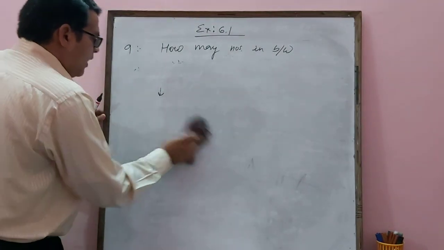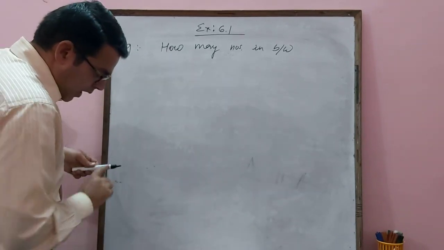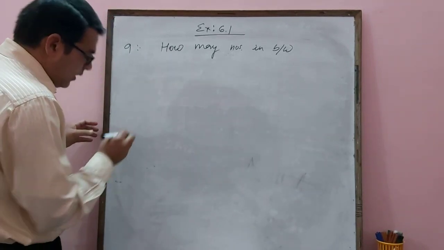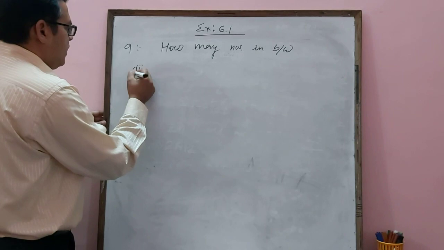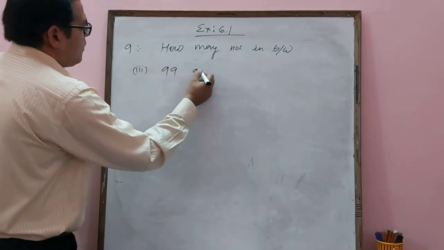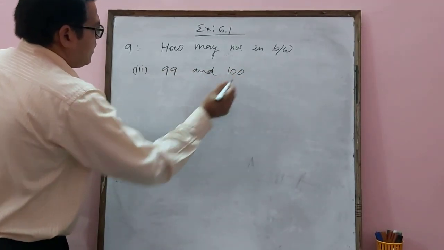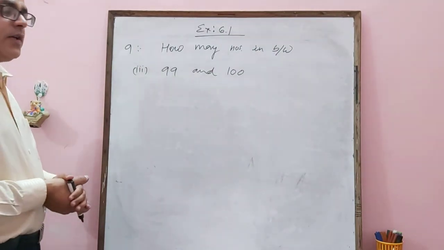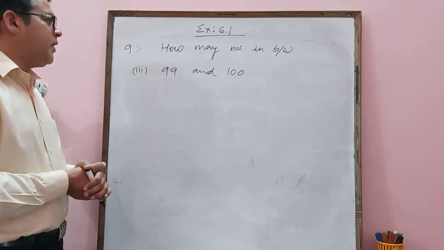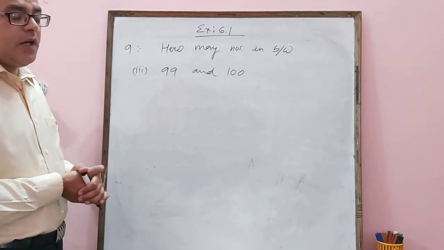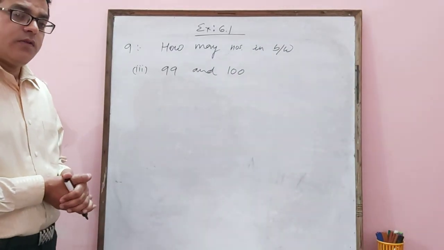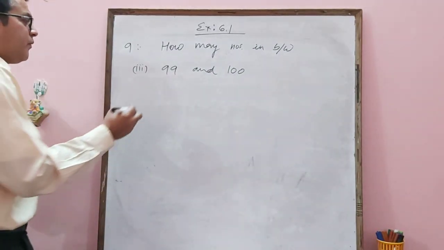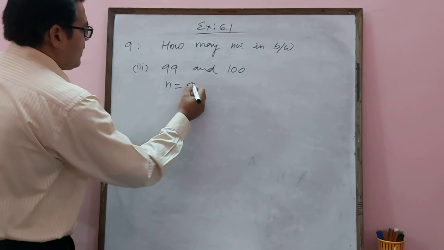One more part I am discussing here, the third part. 99 and 100. How many numbers are in between the square of 99 and the square of 100? So n is 99 here.